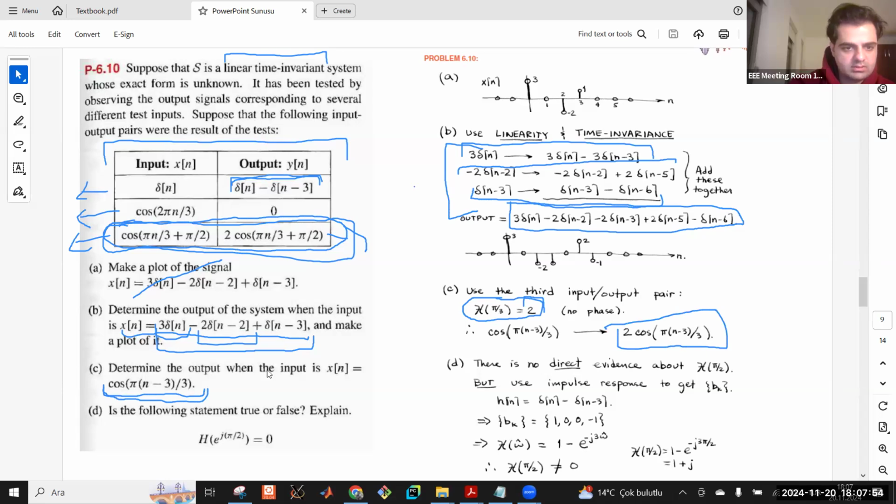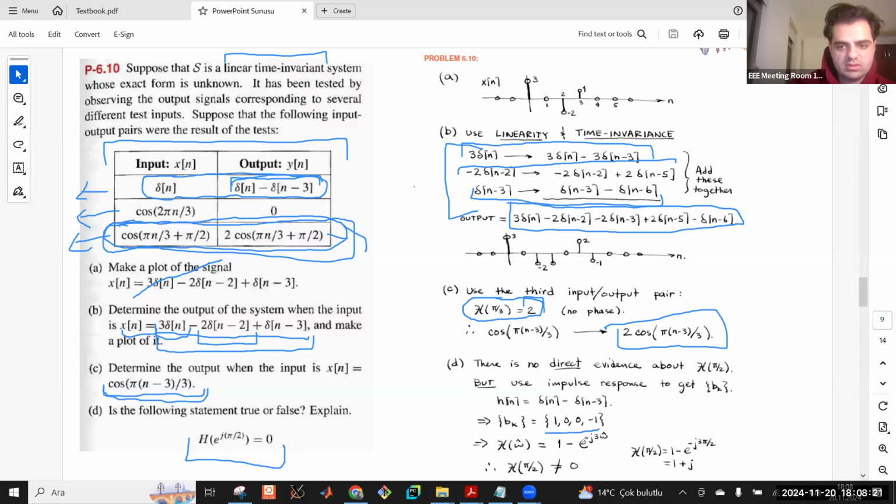In the last part, we need to find the frequency response for pi over 2. For that, we will use our observation from this impulse response. We know that the filter coefficients are the same as the impulse response and frequency response.